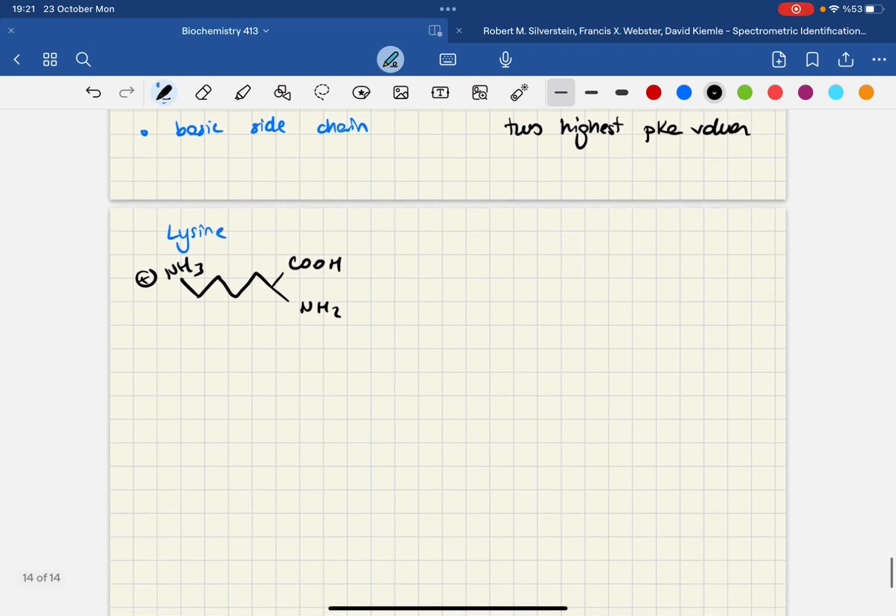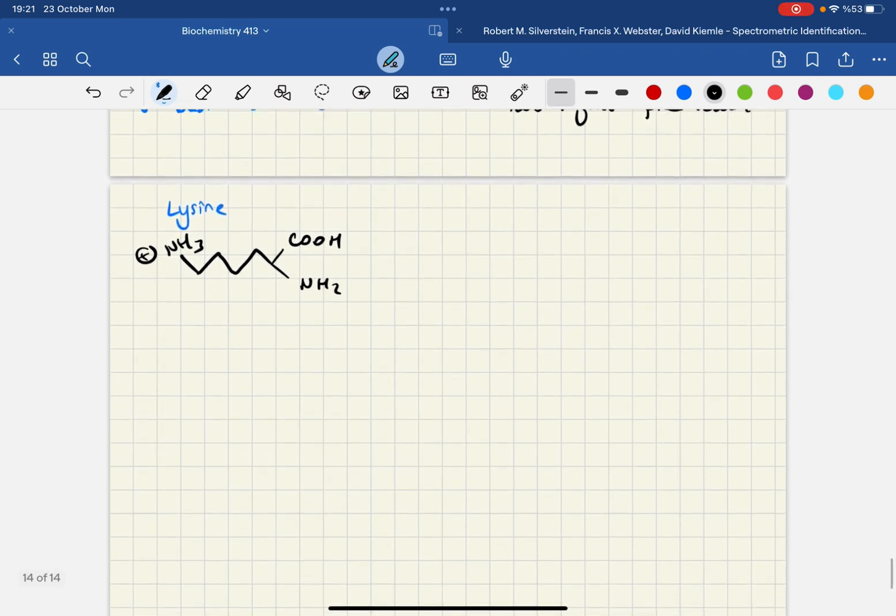And this is lysine. Now, how can we memorize that? Lysine is like lying. As we remember, Pinocchio's nose gets longer when he lies, and as we can see, we have a long chain which can be associated with lysine, and we have both amine groups. So how can we memorize this one?